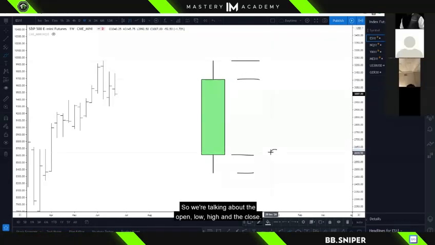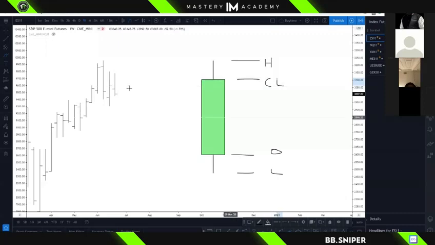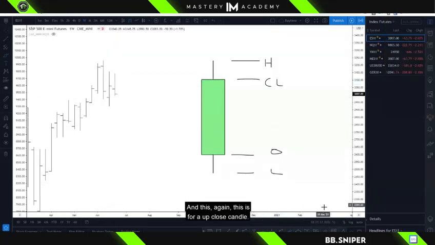So we're talking about the open, the low, high, and the close. Okay, and this, again, is for an up close candle. It's going to be opposite if we're looking at a down candle, right? This would be the open, this would be the high, this would be the low, and then this would be the close.